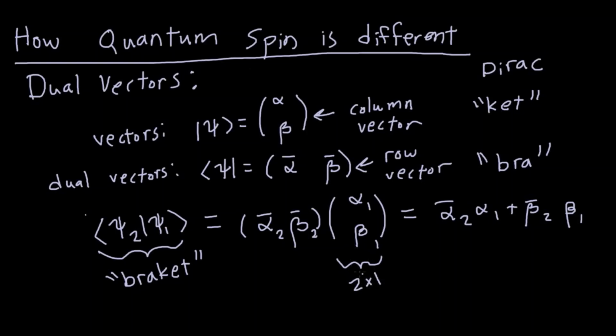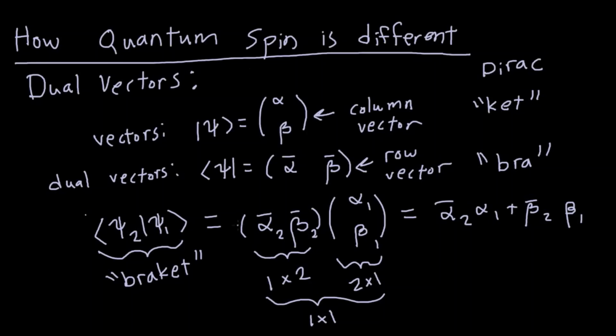I'm trying to think if it's 1x2 or 2x1. I'm pretty sure it's 2x1. So this vector here is a 2x1 matrix, and this dual vector is a 1x2 matrix. If you don't know what matrices are, don't worry, by the way. I'm just saying for those of you who do. But if you carry out the matrix multiplication, this whole thing is a 1x1 matrix, which is just a number.